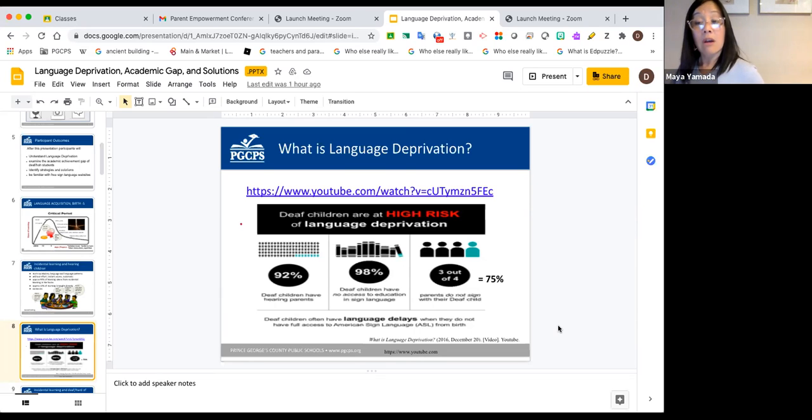Some have a lot of access, some have some, and some have a little bit, and some have none. So it varies. And then you see how that impacts the child's academic abilities, their reading and writing skills, their social and emotional development, their relationships with people, and their ability to navigate through the world independently.